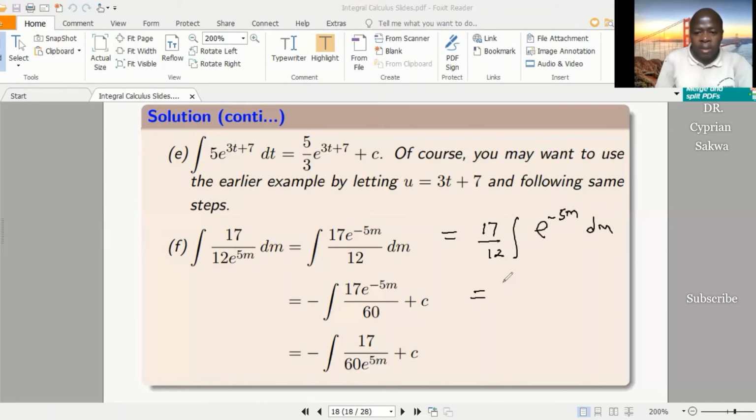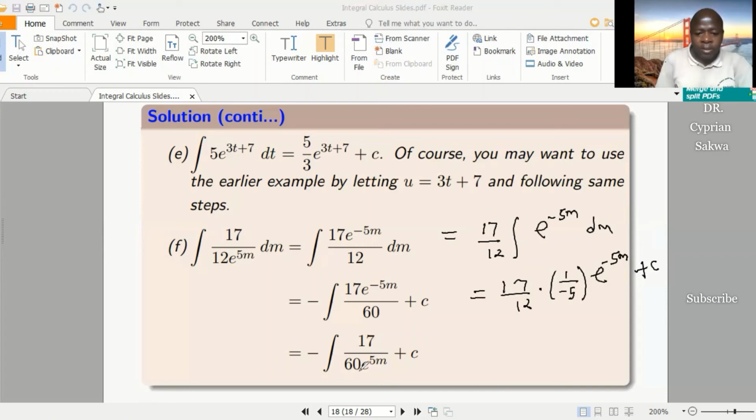So that's what I will write: 17 out of 12 times 1 out of -5, and then the rest remains. This reduces the working, and you can see that this is -17 out of 60.